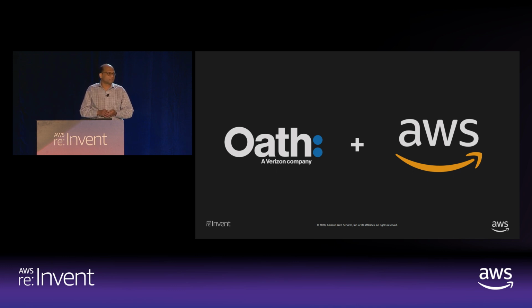And just this past May, we announced that AWS is Oath's preferred public cloud provider. Most recently, and that's what we are going to talk more about, Oath needed to become GDPR compliant. And then Oath looked to AWS to help get its job done.